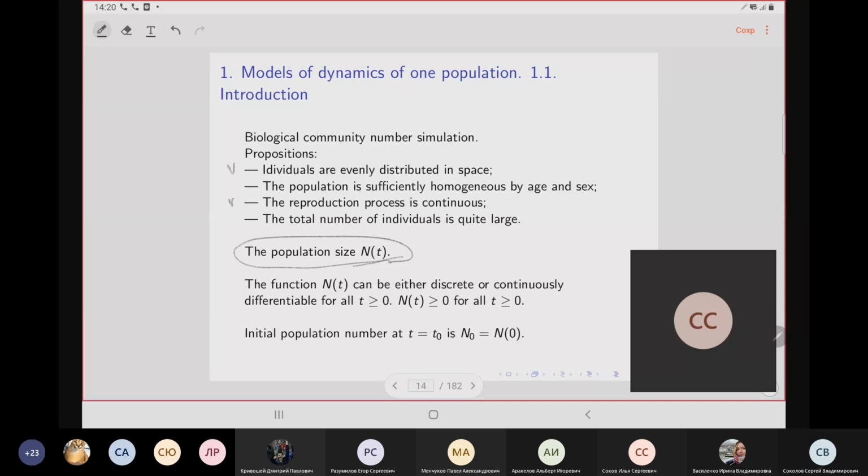Well, the simplest case when the reproduction process is not continuous is the insects. We know that insects in autumn lay eggs, and these eggs are waiting for the spring. In the spring, all the eggs hatch out simultaneously. And if we draw the plot, here N of t, and here is our time, there is some insect population.